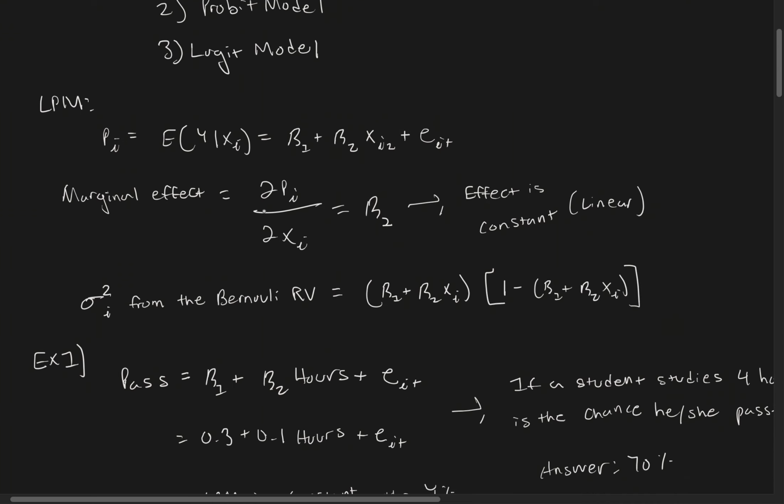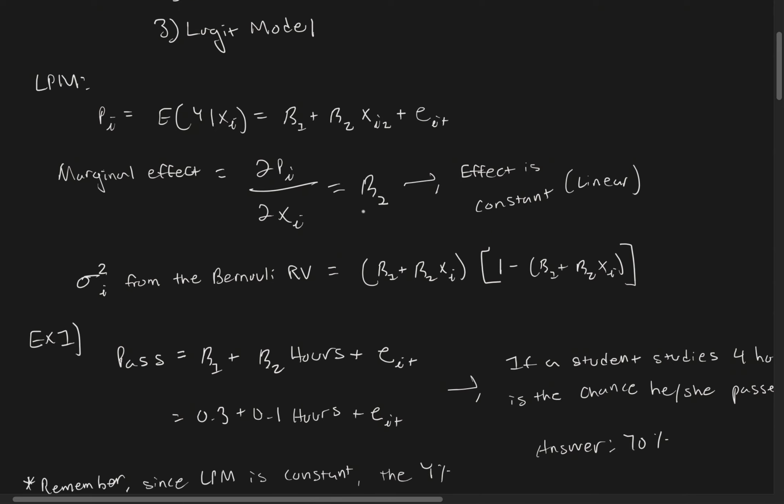Nevertheless, we could still find a marginal effect with the partial derivative rule. If we take the partial derivative of the output with respect to an x variable, we'll get the marginal effect. So pretty much the same.